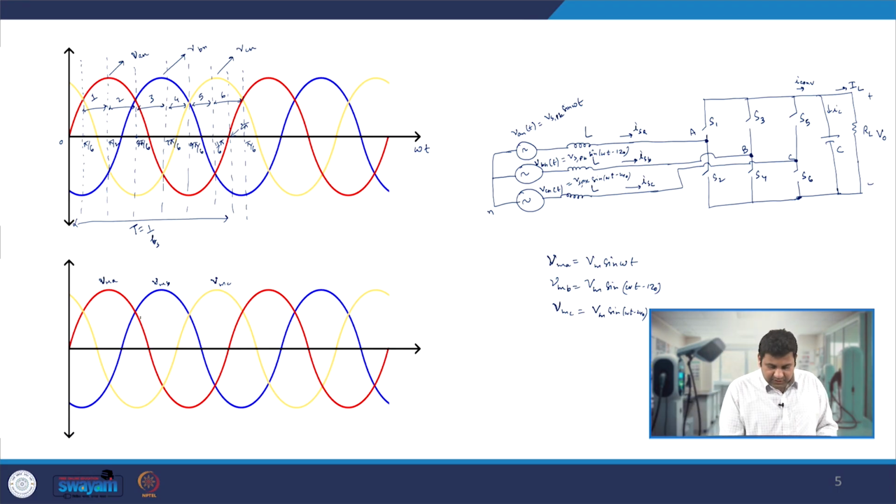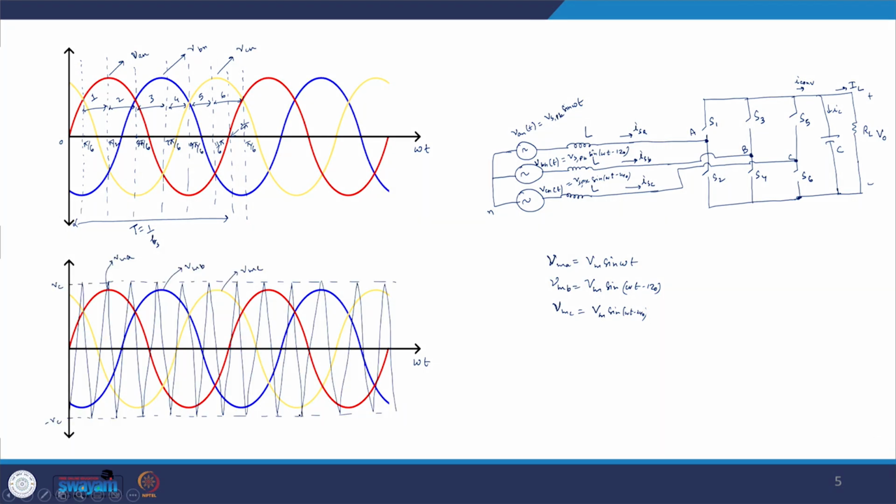And this is again with respect to omega t. This will be compared with the very high frequency carrier signal, which we can draw like this as shown over here, which goes from minus Vc to plus Vc, while the modulating waves VMA, VMB, VMC will get compared to generate gate pulses for S1 to S6 switches.